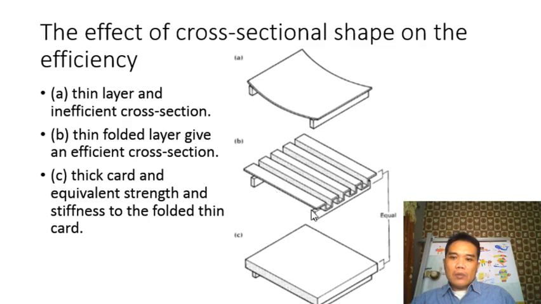Can we use another form instead of a folded layer like this? Of course, if we don't want to use a folded layer, then we have to make more thickness in the layer.